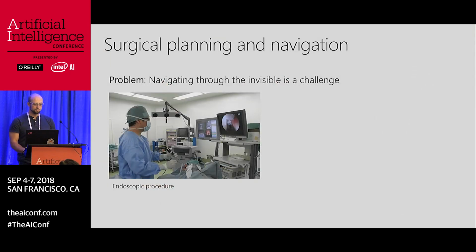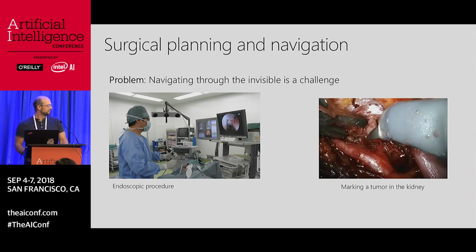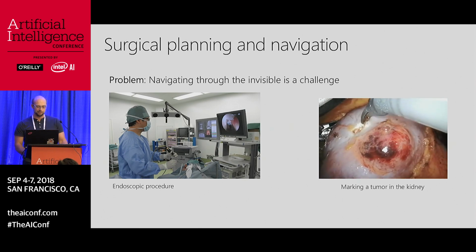And then there is another problem in surgery. A lot of surgical procedures right now are done with an endoscope, where a surgeon is basically poking a patient with a camera and then trying to understand why and where to cut by looking at an image like this one to the right.